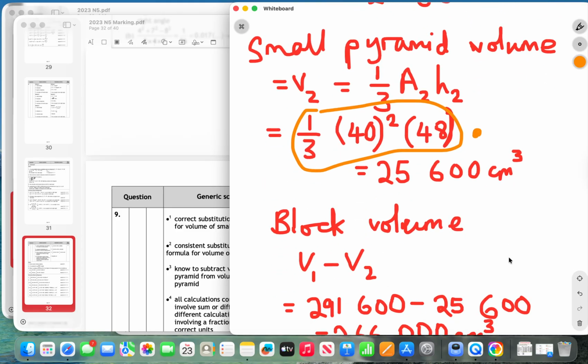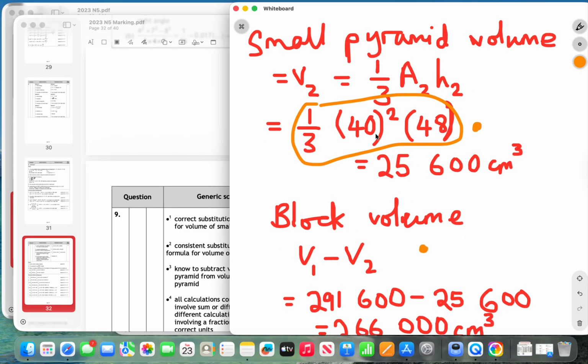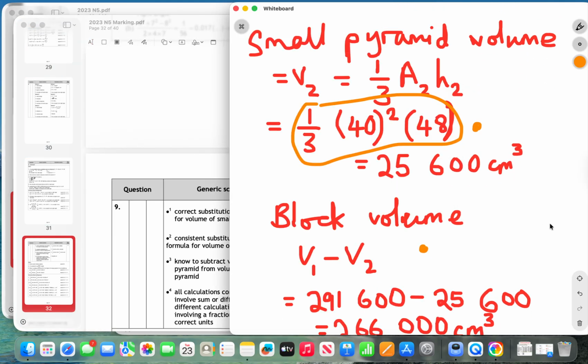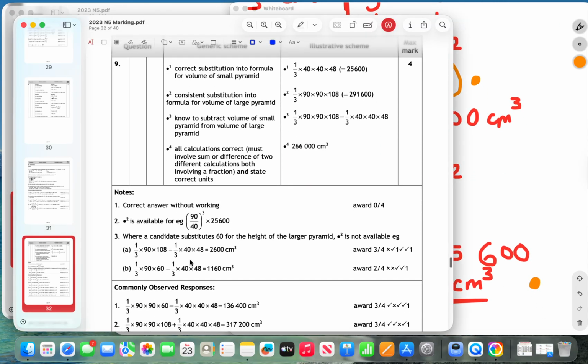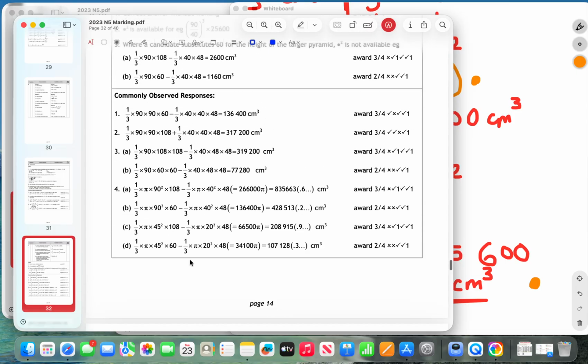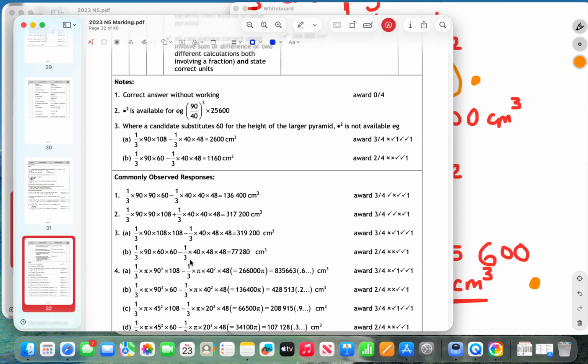The third mark is for knowing to take V2 away from V1 and getting the final answer is the last mark. And there's quite a lot of ways which people got this one wrong. So if you showed no working, you would get no marks. That's the case with most questions.